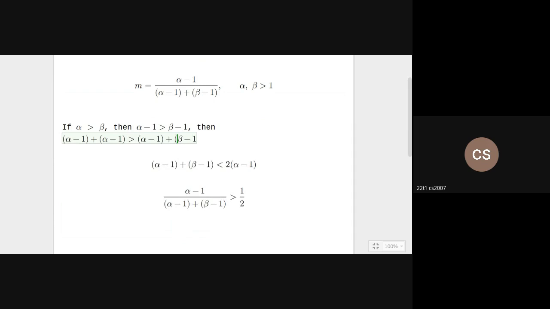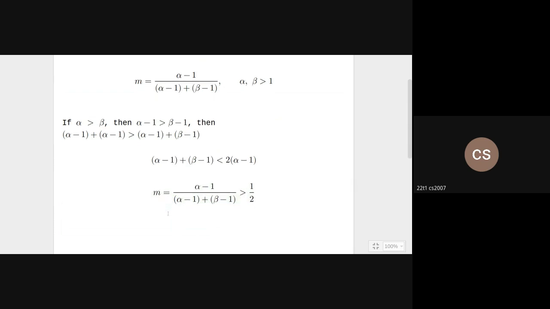This is what I have written down in the next slide. So alpha minus 1 plus beta minus 1 is less than 2 times alpha minus 1. Now, if you take the reciprocal, since they are all positive quantities, the sign of the inequality will flip. So it will become 1 by 2 times alpha minus 1. Then you just multiply both sides by alpha minus 1 to get this.